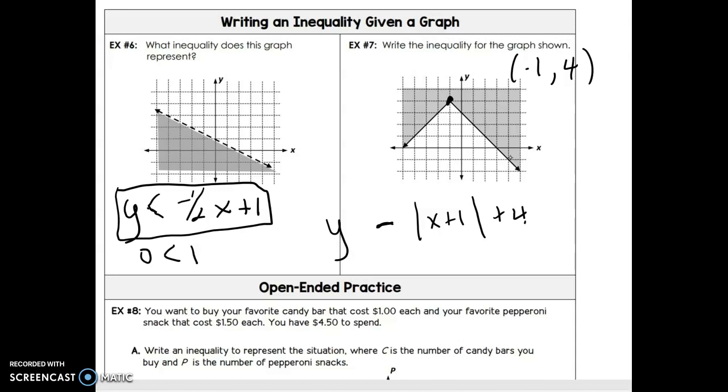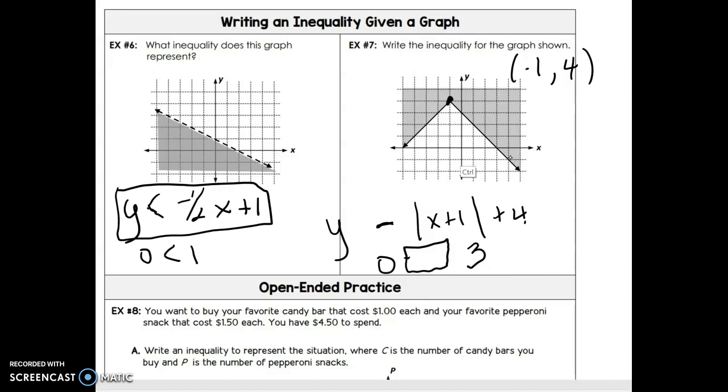So we want to do 0. You could do a box if you wanted to. And then what's 0 plus 1? That's 1, absolute value of 1. So it's negative 1 plus 4, right? So this would be 3.